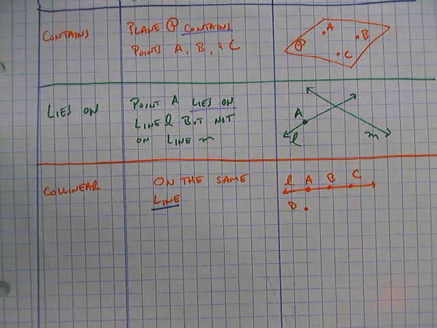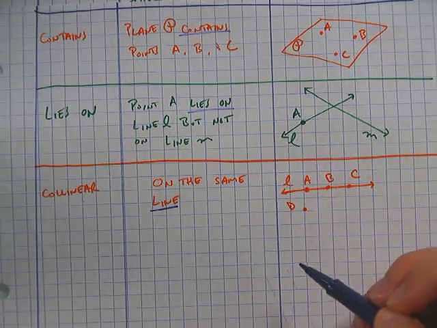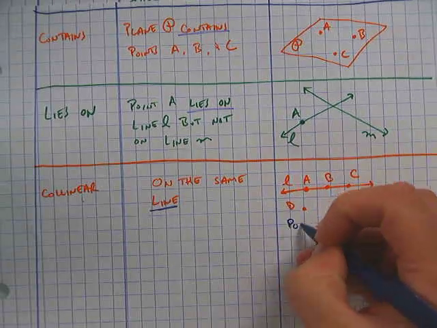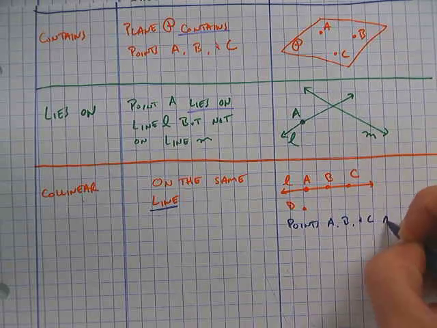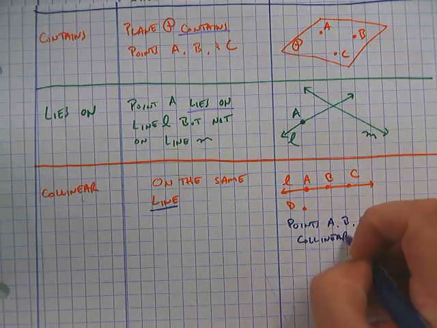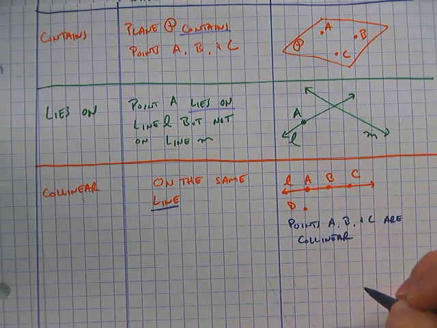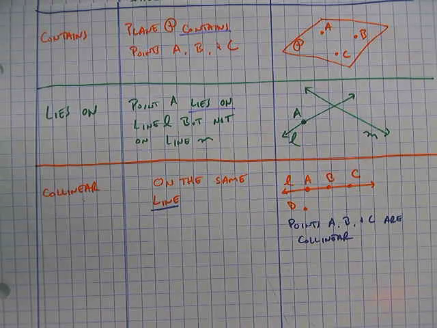So if I'm drawing a picture over here, I might have line L, and let's put some points on it. We've got A, B, C, and then I'm going to put this point over here that's not on the line. Okay, so to say the word collinear, I could say points A, B, and C are all collinear.